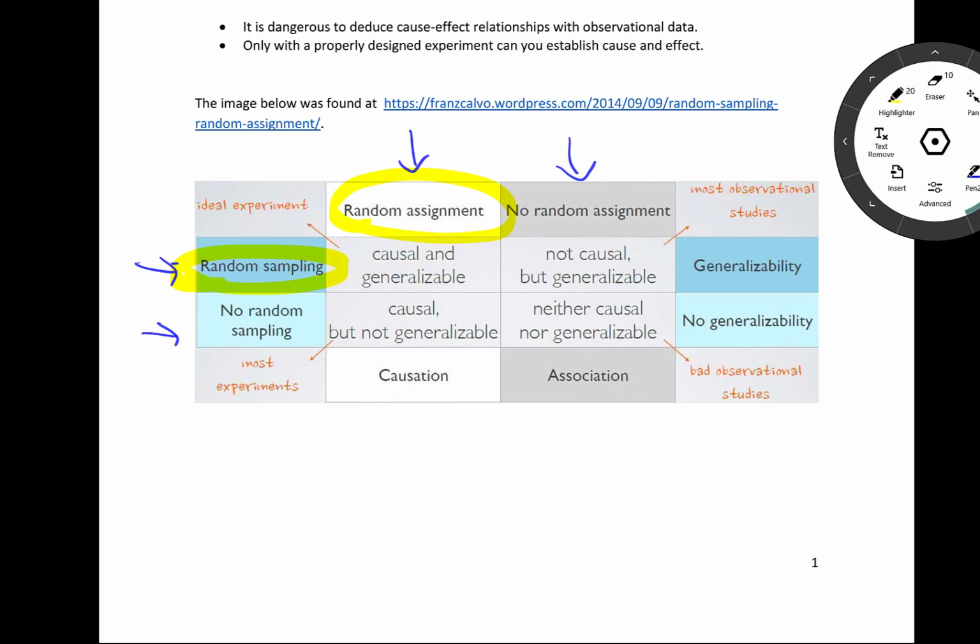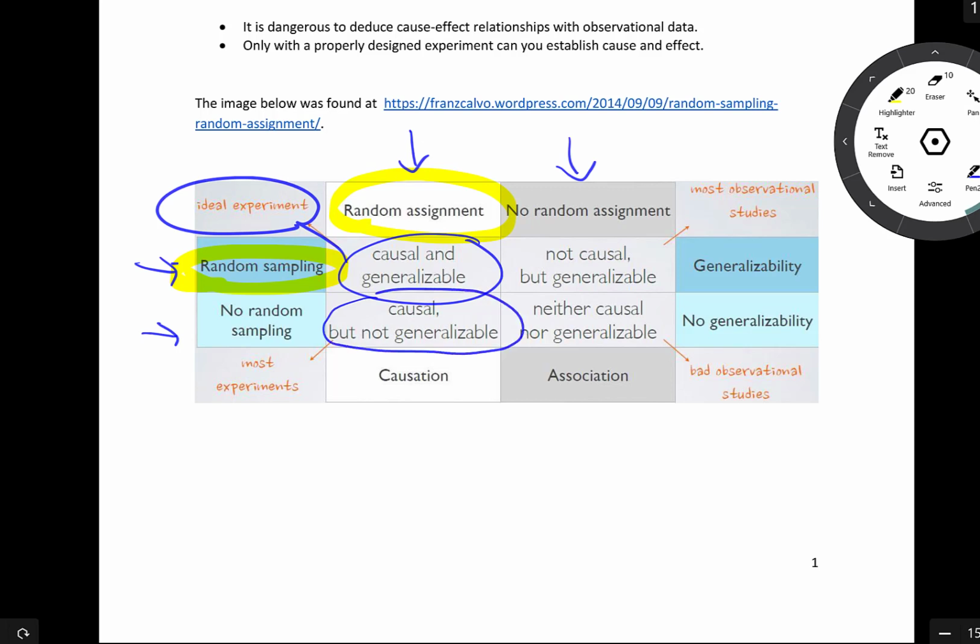So for example, if we randomly select our sample and we have random assignment of the treatments, then we can generalize our results to the population and we can say something about cause and effect. And this is what we would call an ideal experiment. On the other hand, if we have random assignment, but our sample was not randomly selected from the population, we can still say something about cause and effect, but we can't generalize it to the entire population.